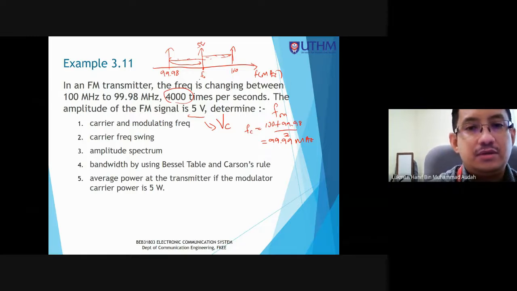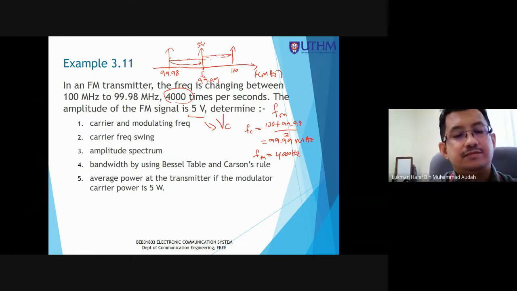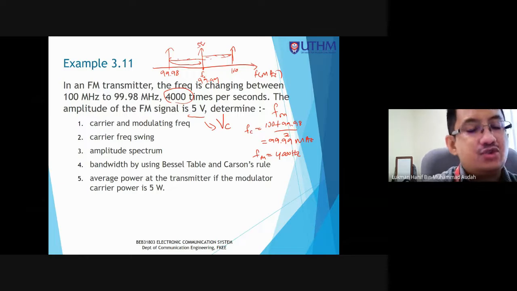So 99.99 in the middle. And then fM is equal to the number of oscillations. How much are the oscillations? That means 4,000 hertz. Done.